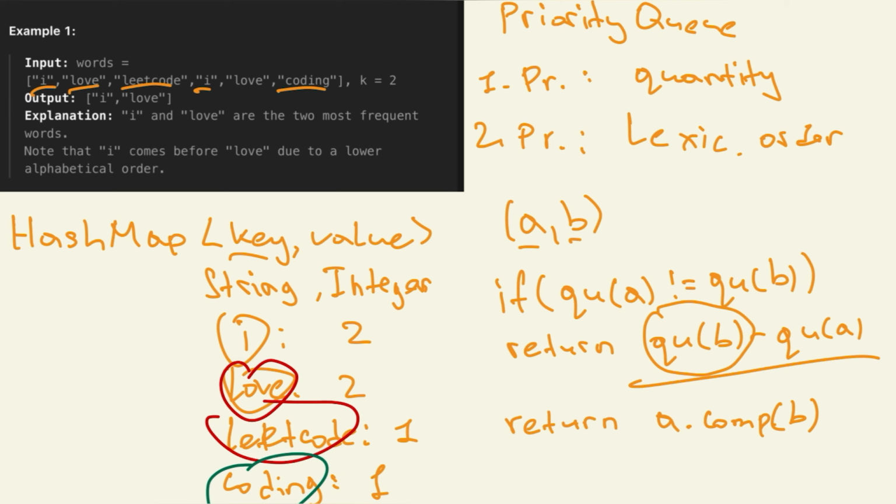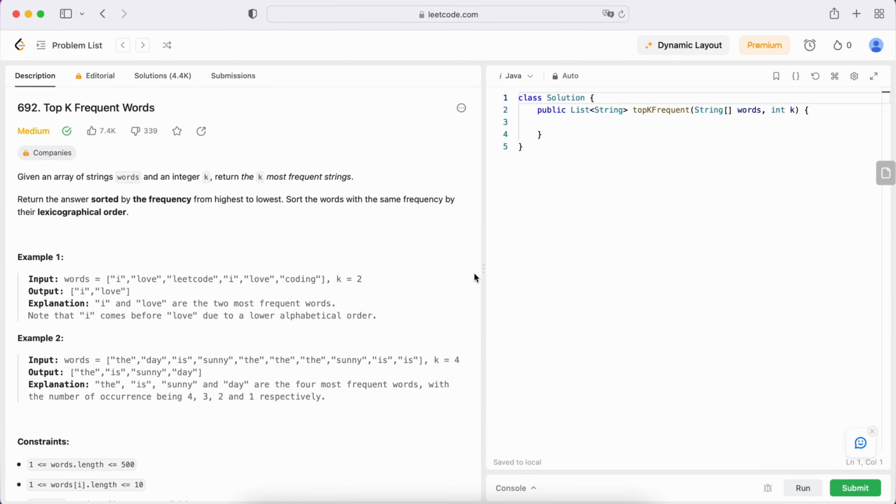So let's solve it in the LeetCode. Let's solve this problem. As I said before, we have to create hash map to count the quantity of each word. The key will be string and the value will be integer.